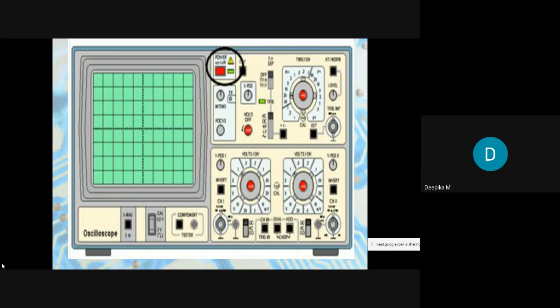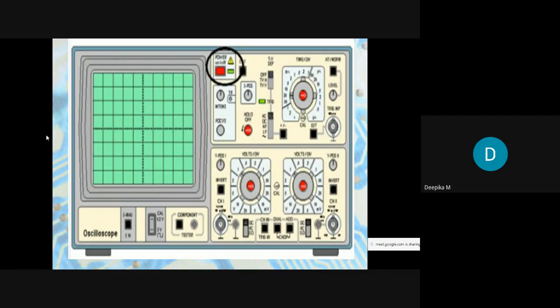What I told you, the CRO displays the signal or waveform, we can measure the voltage of that particular signal, and also we can analyze the signal. So this can be done by using the CRO display screen. So this is a CRO display screen.